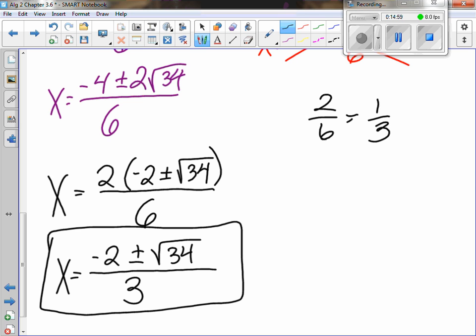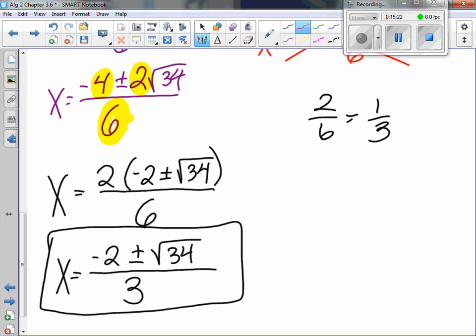But really, what I would look at to see if I need to continue on and simplify down is: do all three of these spots have a common factor? All three. If they do, then we simplify it.